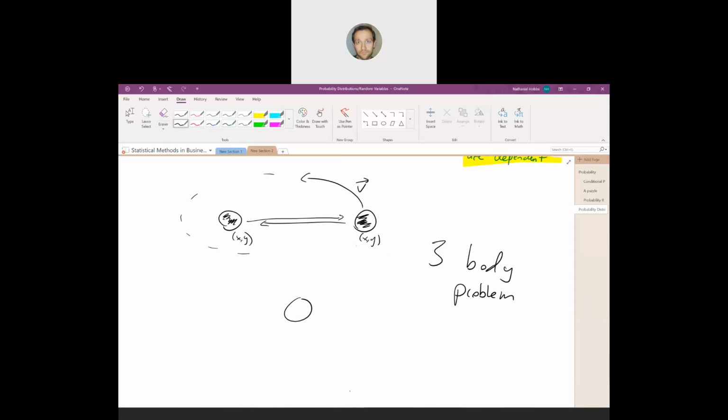Very good. Anyway, if you have three bodies, you can't solve it, or we have no idea how to in the world. 2 bodies, easy. Super, super easy. 3 bodies, no way. There's absolutely no way to calculate this. And it's because this has a gravitational pull on that. And so when 3 pulls on 1, then that will affect 1. But 1 is also pulling on 2. And 3 is also pulling on 2.